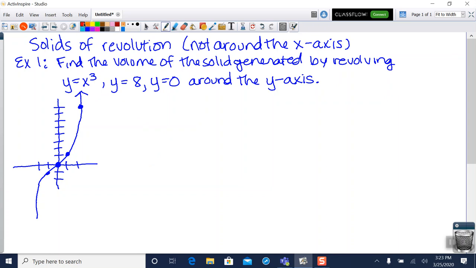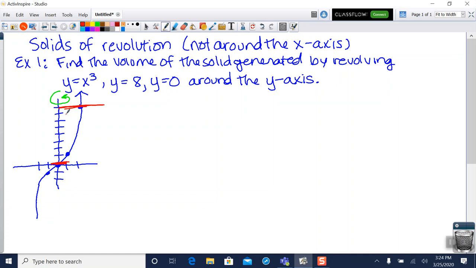And it says I am going from y equals 8 and y equals 0. So I'm going to take this section of the graph and rotate it around the y-axis. So I know I'm spinning in this direction.